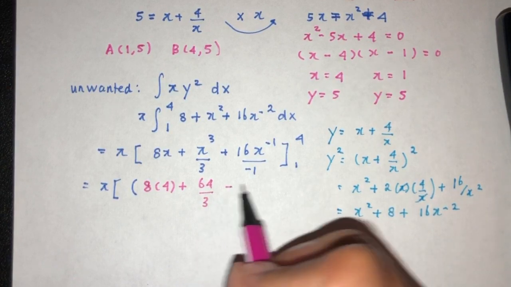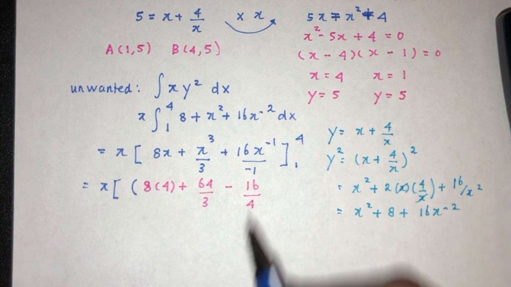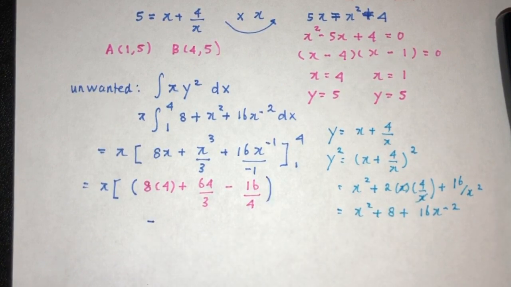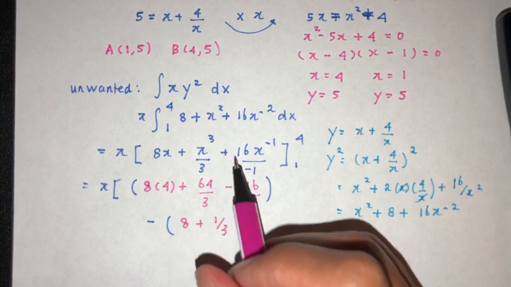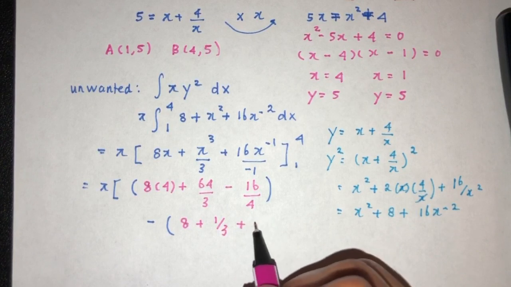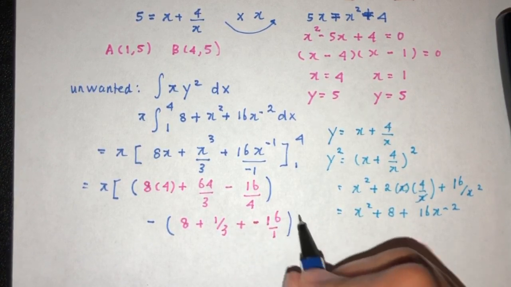And here we have minus 16 over x, where x is 4. That is for the first part. Minus, now when x is 1, that should be 8 times 1, which is 8, plus 1 over 3. And here we should have what? Minus 16 over 1.